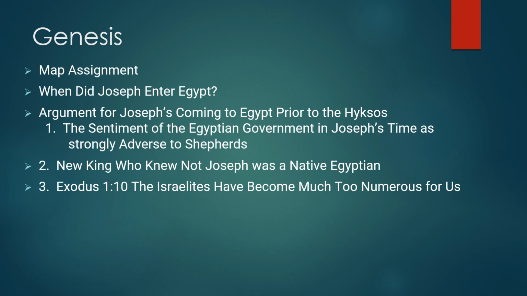What most advocates of this earlier view will do, as well as advocates of the early date for the Exodus, because these two go together, they will say that there's a gap in chapter 1 between verses 14 and 15. The new king comes on in verse 8 of chapter 1 of Exodus. And then the slave masters are placed over the Israelites.